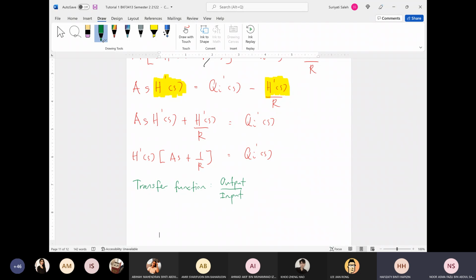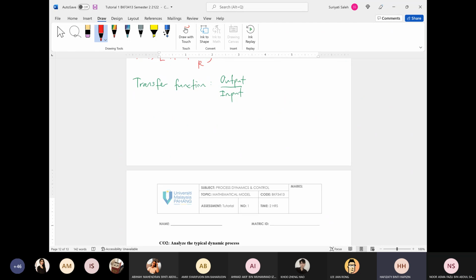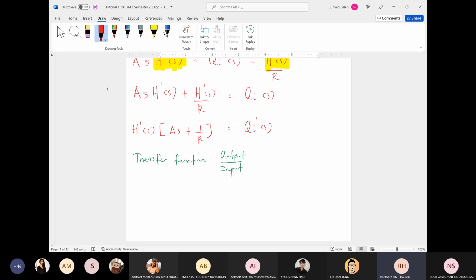So this leads to H prime S over Qi prime S equal to 1 over (A s plus 1 over R).